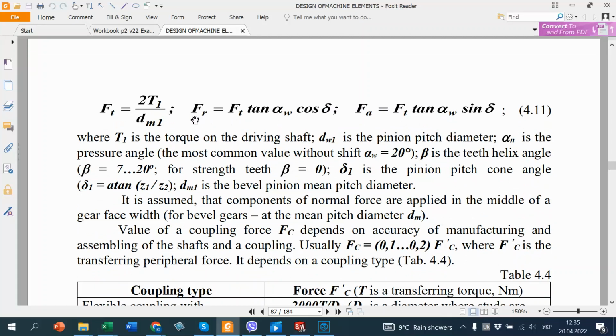Radial force is tangential times tangent alpha, 20 degrees. Tangent of 20 degrees is approximately 0.364, and the axial force is the same formula, sine, here cosine delta, here the sine.